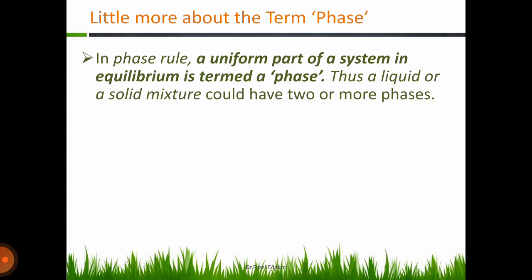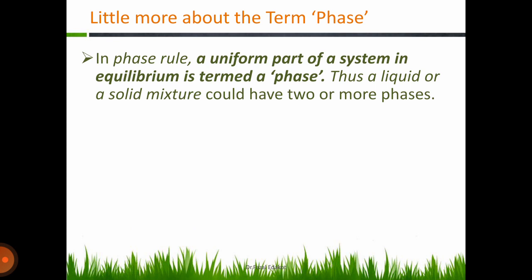A little more about the term phase. In the phase rule, a phase is a uniform part of the system in equilibrium. You can take water, it will get evaporated. So water exists in two different phases: one is the liquid water, the other one is the water vapor.